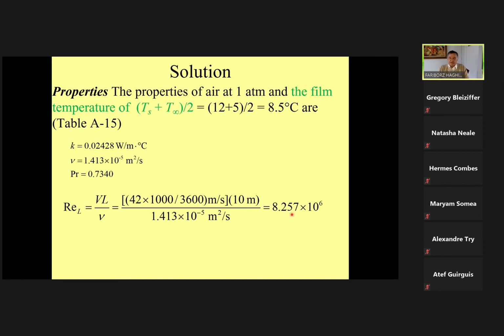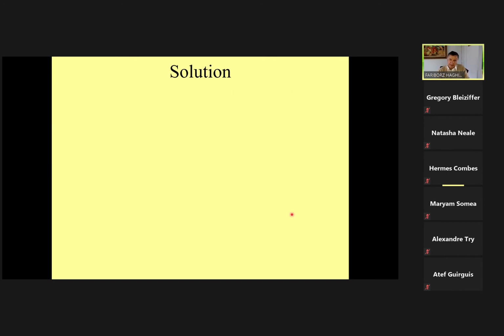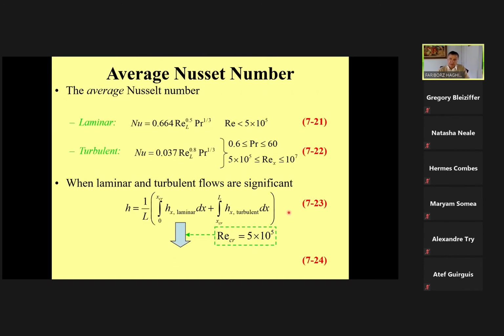Therefore, we find around 8.25 times 10 to the power 6. Is it laminar? Turbulent? Turbulent. Okay, let's go back again. It mentioned that if it's more than this, we can assume it's turbulent. Therefore, it is in this range that we have.